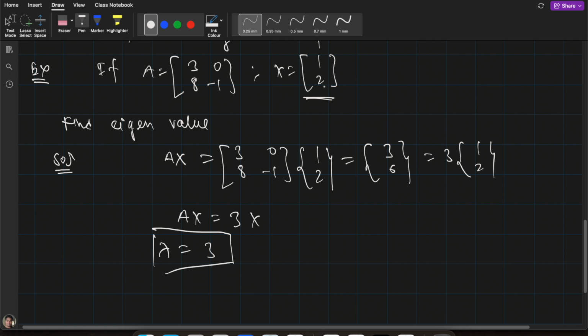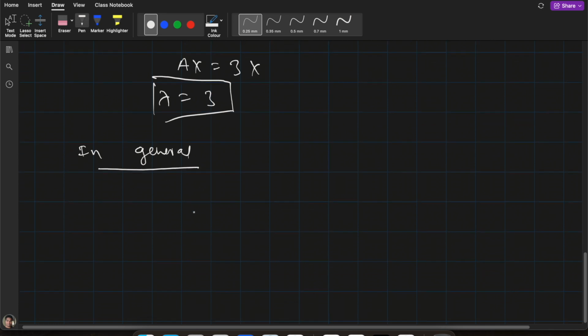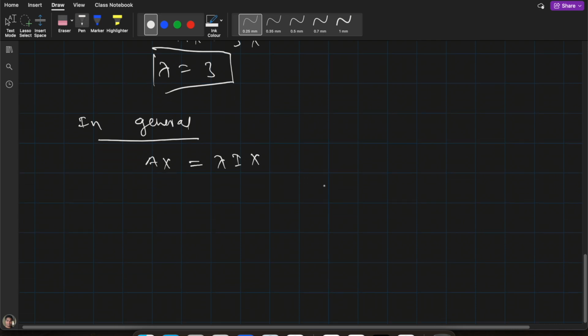In many cases, in general, you will be given only the matrix. Suppose I have a given matrix A, and you have to find the eigenvalue and eigenvector. So what will you do? I have written the identity matrix, which means it will not affect x.